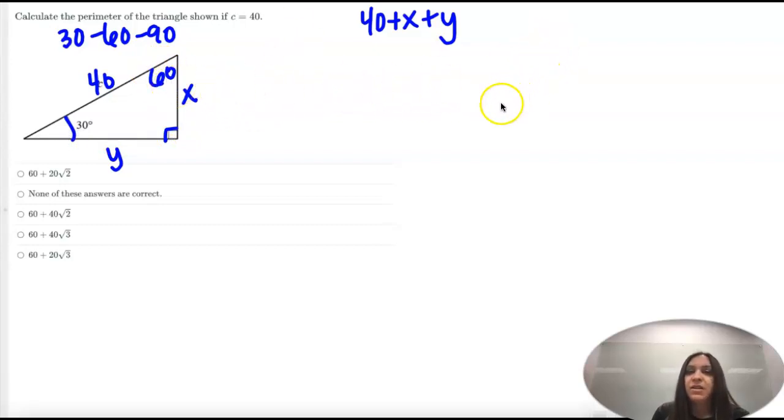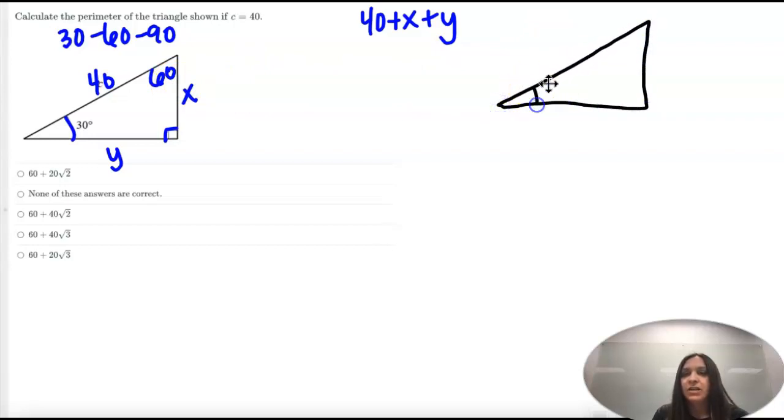So we have a rule with 30, 60, 90s, just like we had with 45, 45, 90. The side across from 60 degrees is always shorter than the side across from 30 because of the angles.